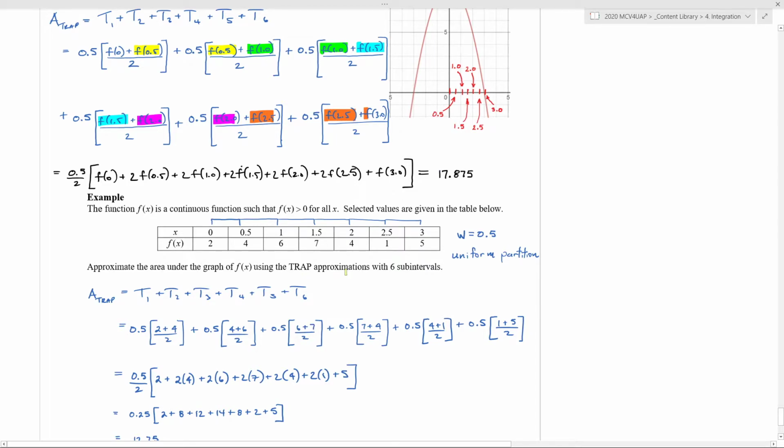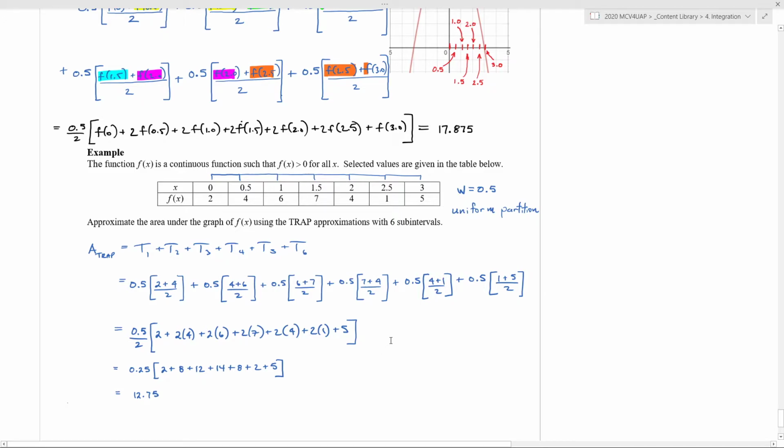And you go all the way through the table till you get to the end. 1 and 5, those are the two heights of the last trapezoid. So add 1 and 5 divided by 2 and multiply by a half. And then it's just fairly straightforward math. And you should get 12.75 as the area, the approximation of the area.